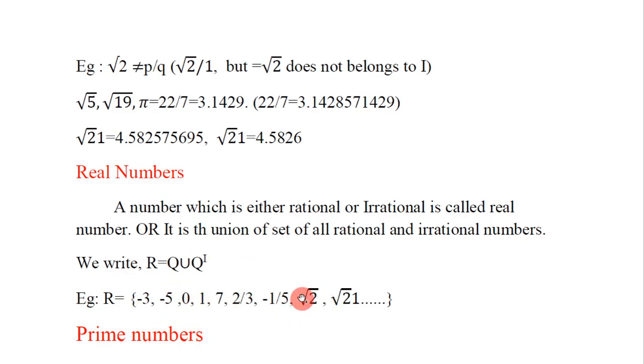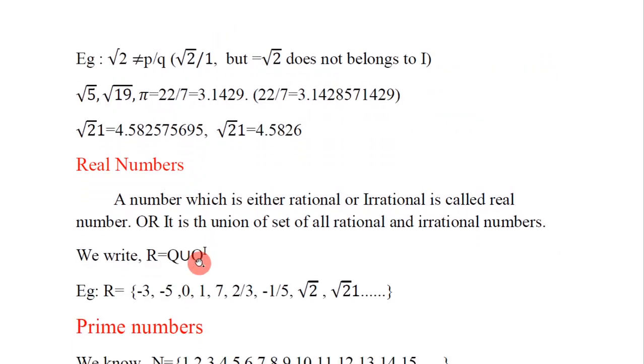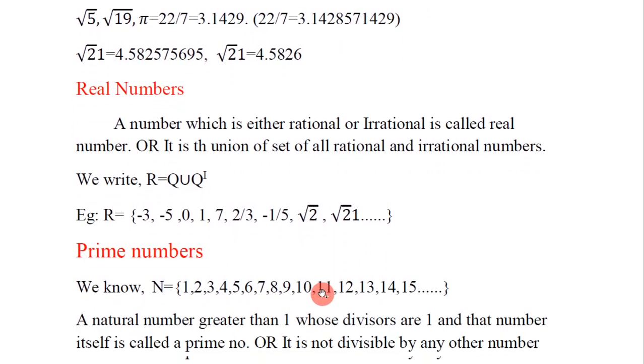We write it as the union of Q and Q dash. That is, R is Q union Q dash. It contains all the numbers we explained earlier. That is, it contains positive integers, that is natural numbers. It contains negative integers. It contains zero, fractions, and also irrational numbers.